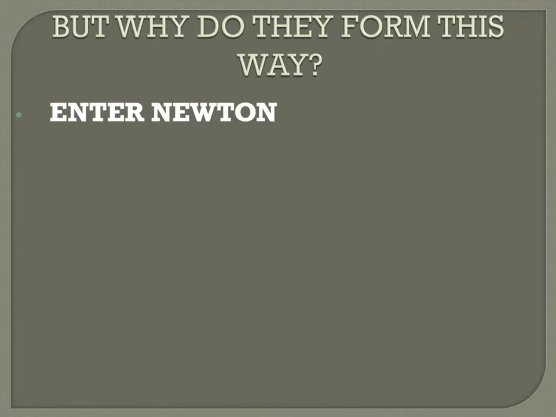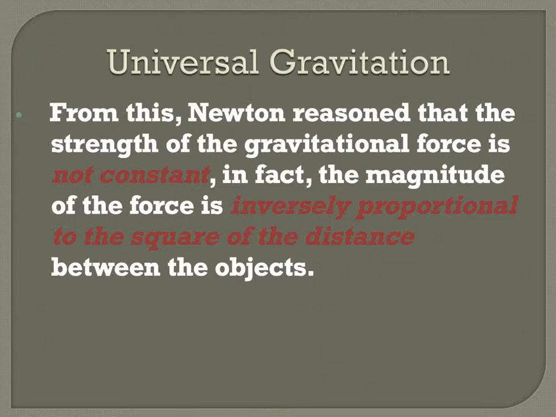So why do they form this way? Well, Newton was kind of the first guy to figure this out, and it has to do with gravity. So we're going to spend a little bit of time talking about gravity. Through Newton's observations and experiments, I'm sure you've heard of the famous apple falling on his head, he reasoned that the strength of the gravitational force is not constant.